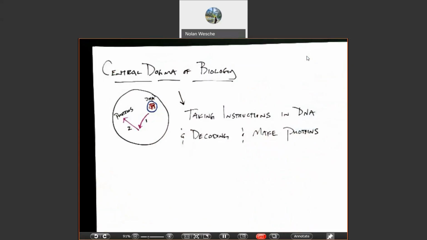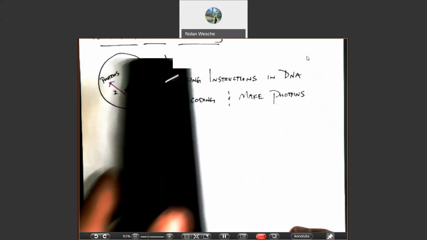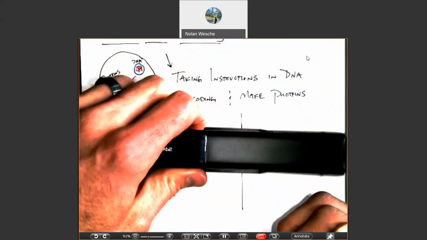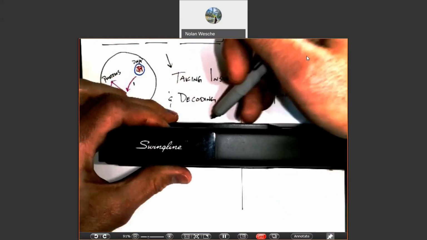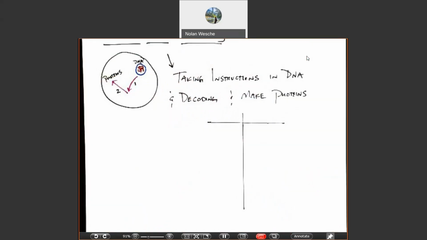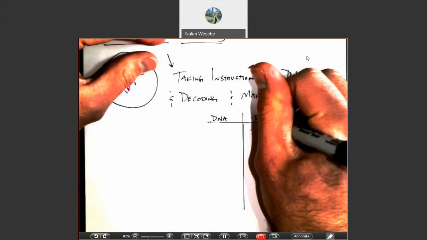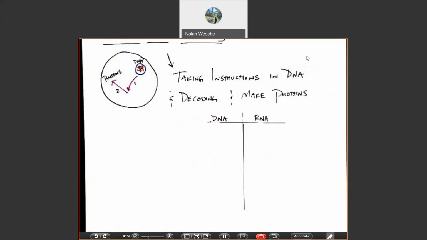Okay, so let's draw a simple T table here. Some things that we want to keep in mind as we work through this. I'm just going to take a stapler as my straight edge. We're going to compare DNA and RNA because both are going to be heavily involved in this process.